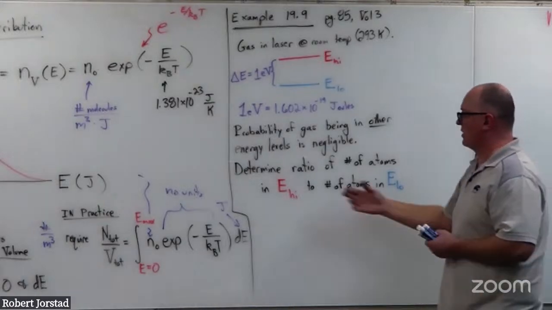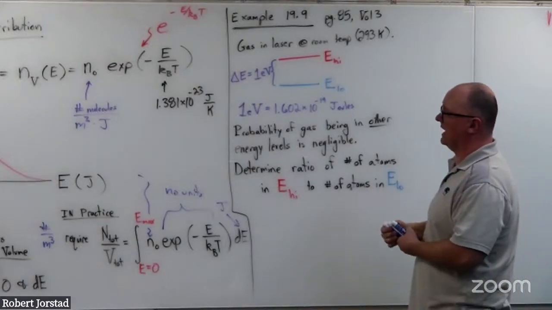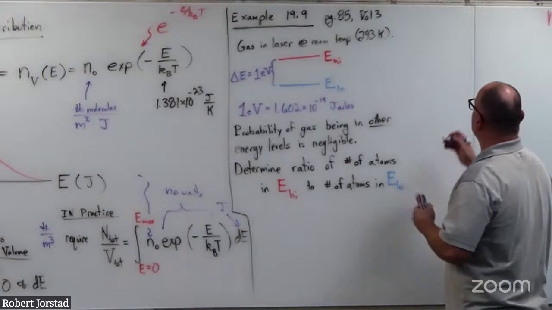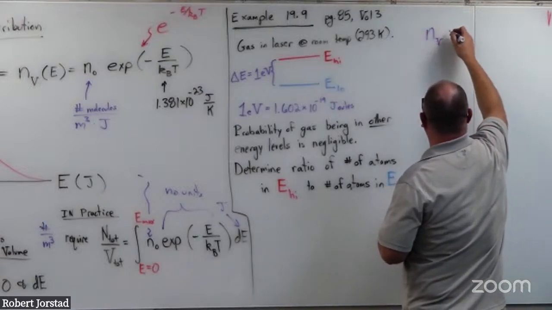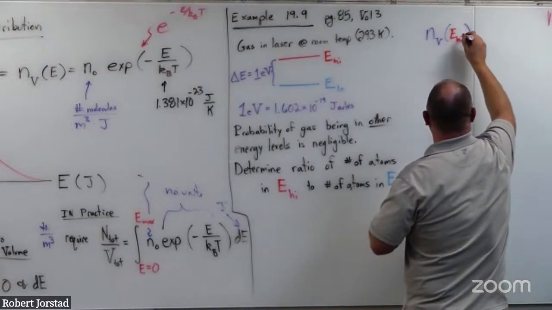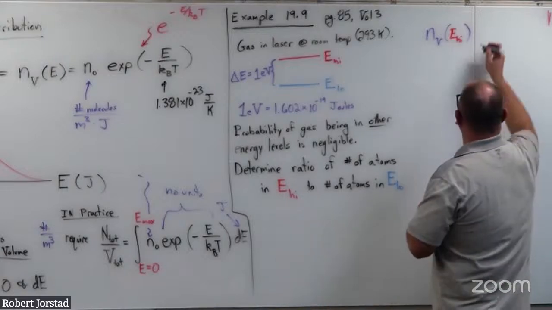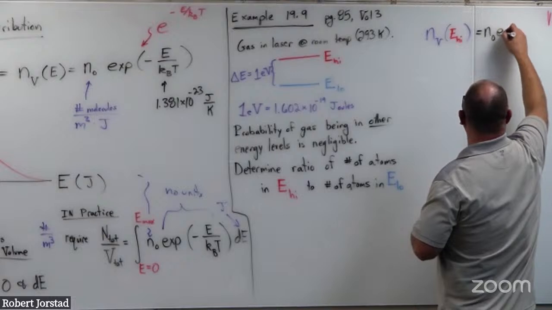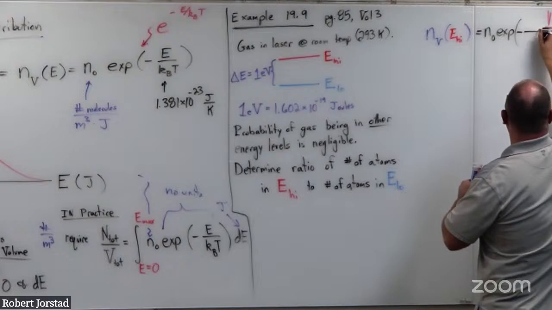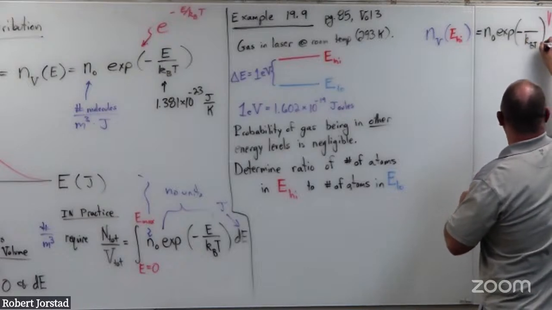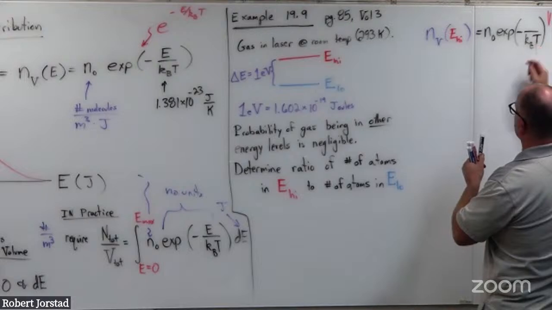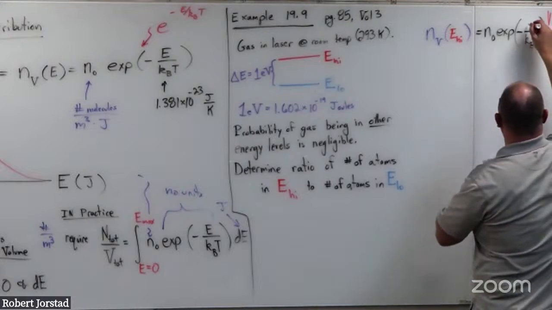Okay, so what I might do is I could say, well, I don't know much other than this probability distribution. So I could say N of V in the high energy state would equal N naught exp negative E high over K Boltzmann T. Notice we have to use Kelvin, not Celsius.